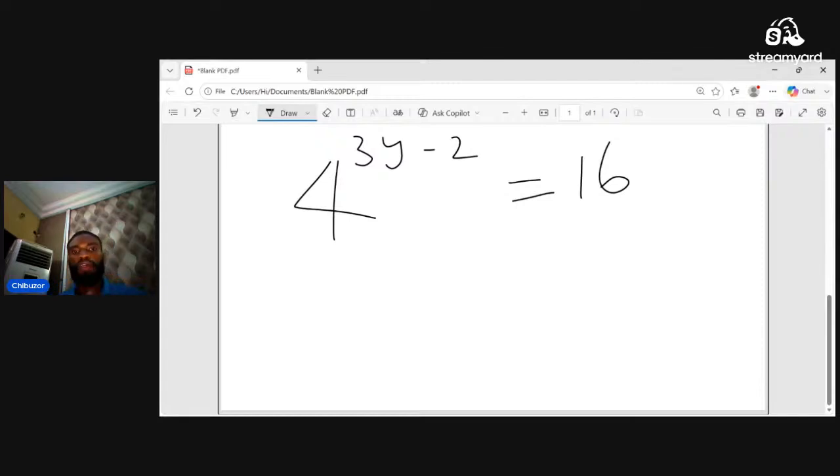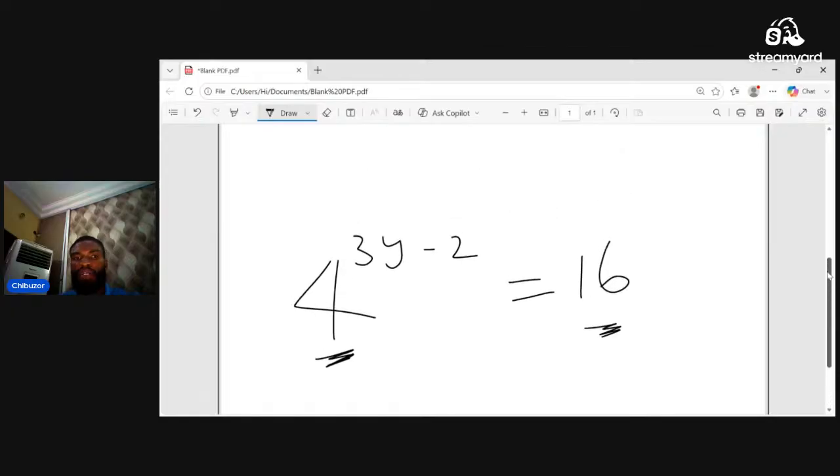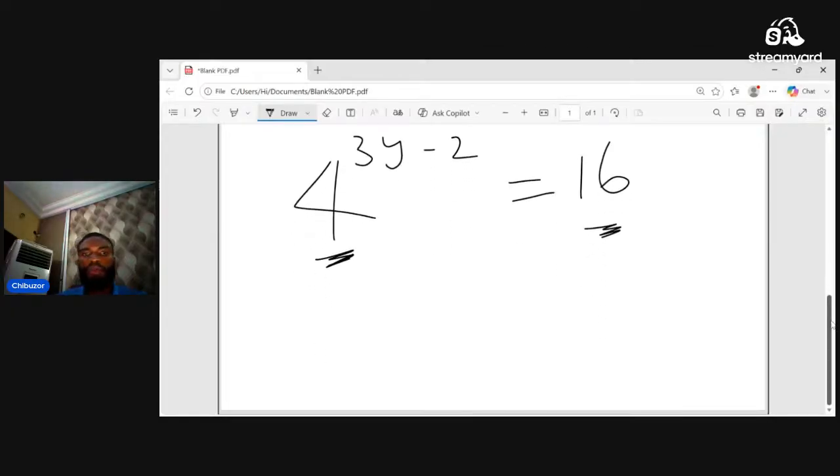If we are solving an indicial equation, our first target should be to make the two bases the same thing. How do we do that? We know that 4 times 4 is equal to 16, right?